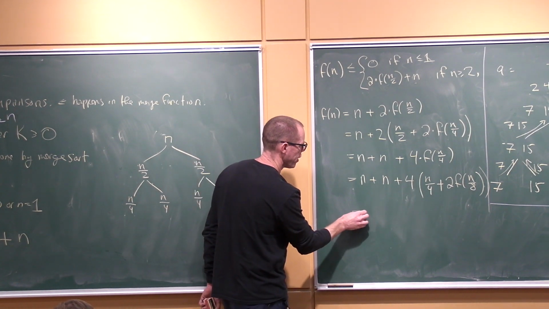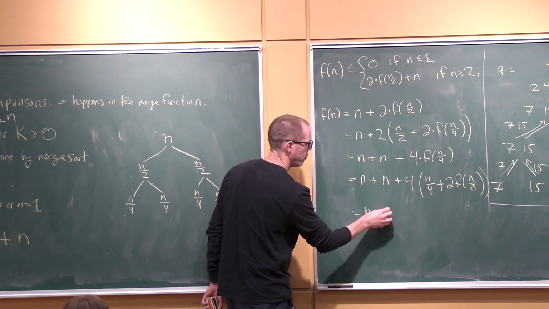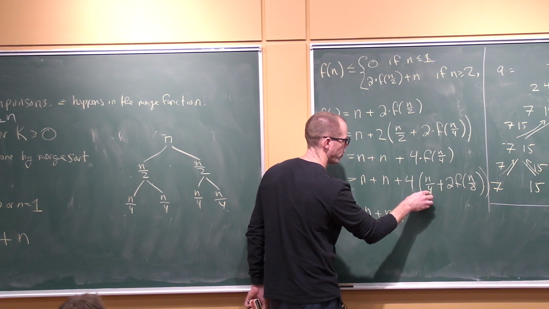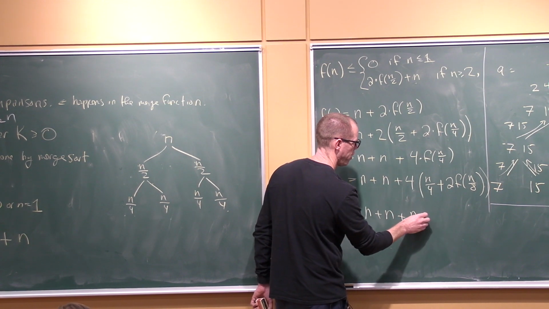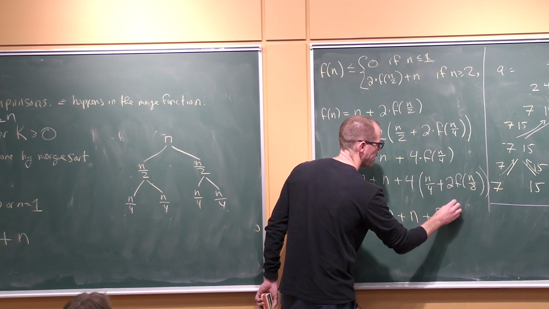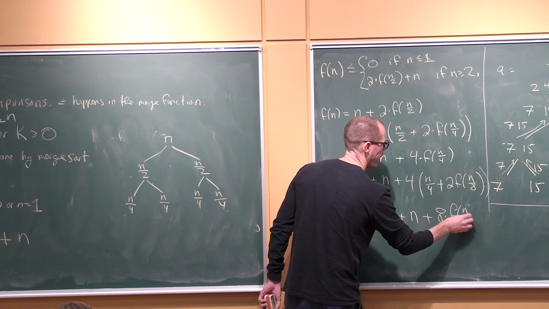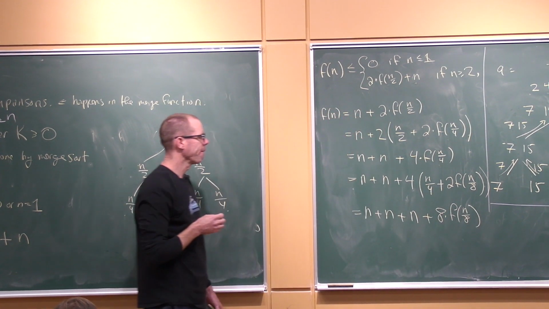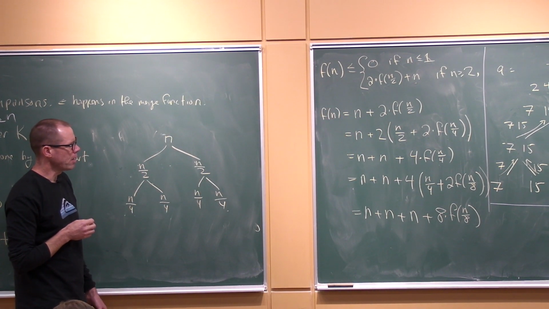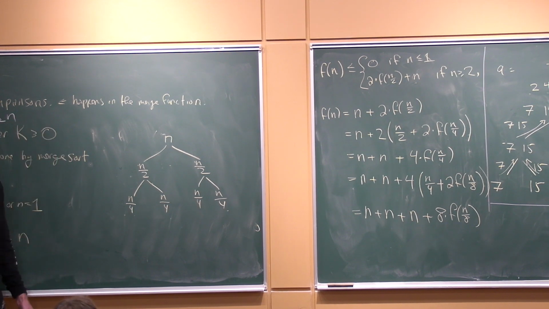And we can do the same thing again. This is now n plus n plus 8 times f of n over 8, since 4 times n over 4 is n. Does anybody see the pattern that's developing here?